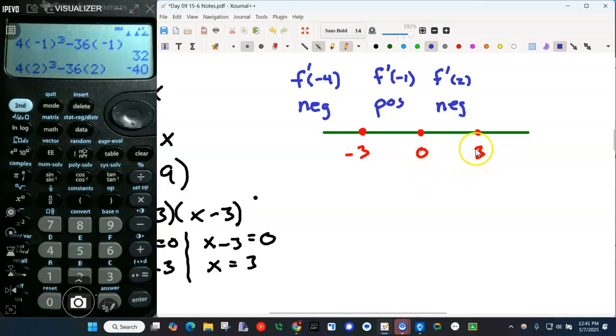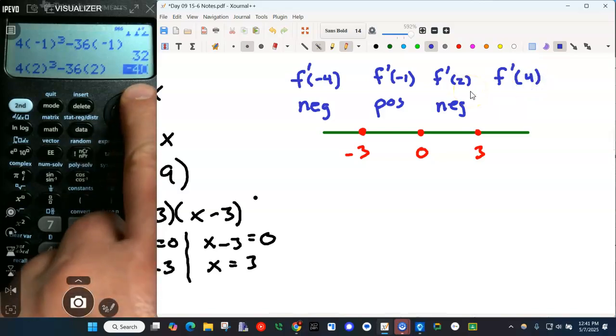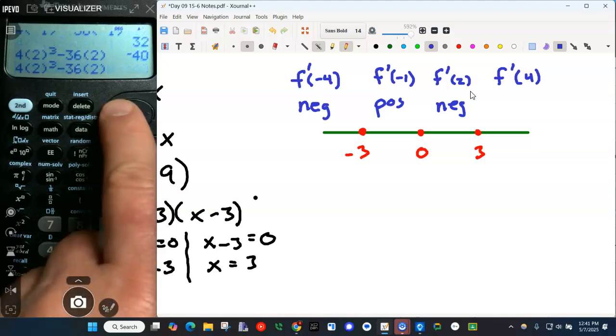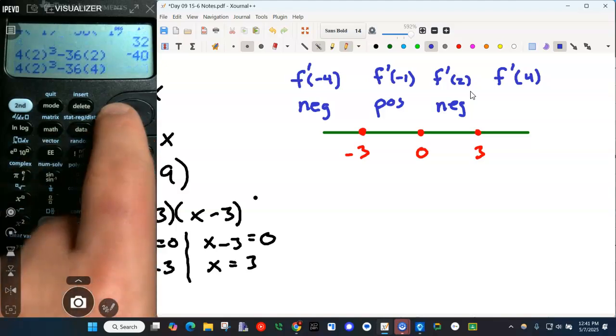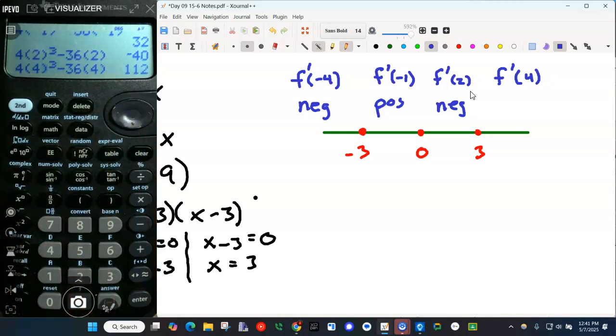And pick any number bigger than 3. So try 4. Go do that again, and we get positive, which do line up with what the graph tells us it should be.